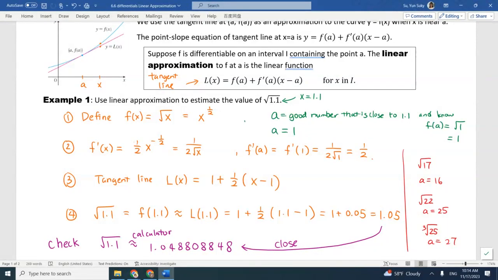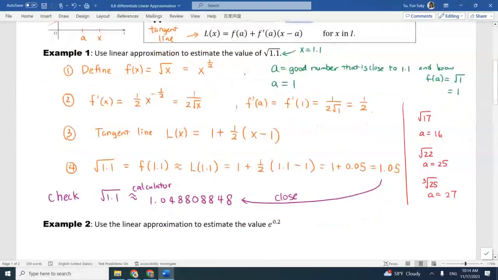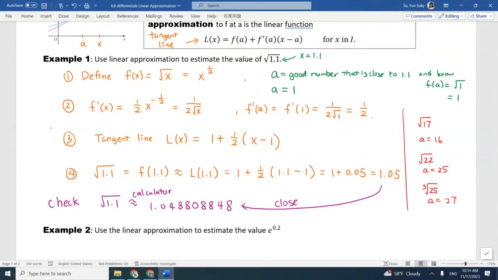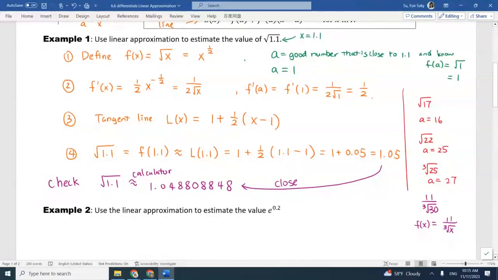All right. How about more practice? If I ask you to find the function, maybe 11 over the cube root of 30, what is your function? If I ask you to approximate this guy. Exactly. 11 has no problem. The problem is the cube root of x. We don't know what it is. Right, everybody? And what is a?